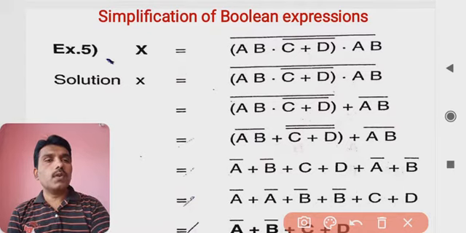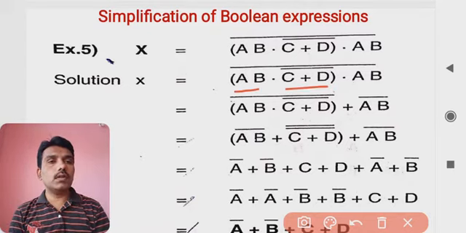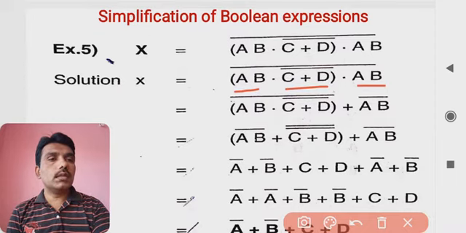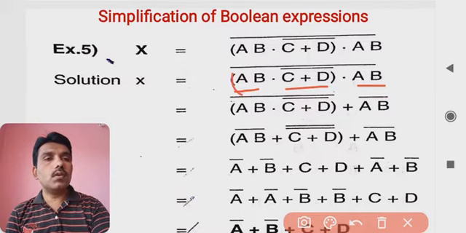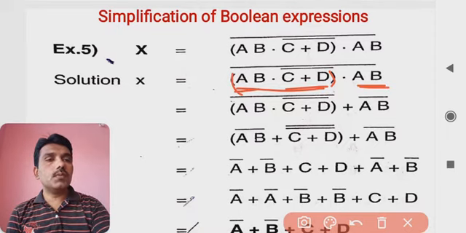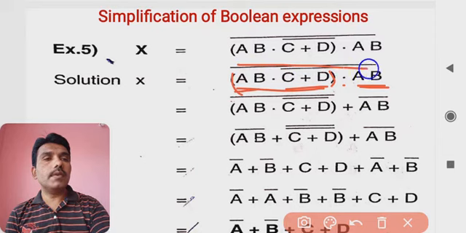This is the complement of a product. Here one term is AB, and the other term is in a whole bracket, so this is one complete term and that is another term. An AND operation is between these two terms, and it has a complete complement.